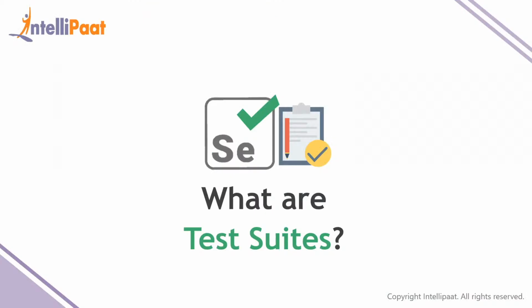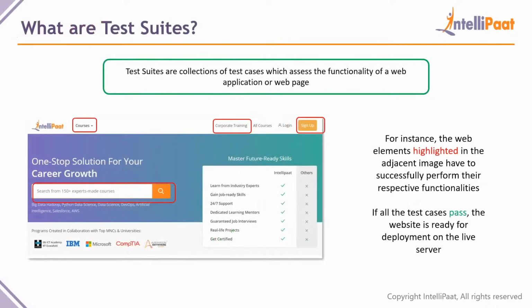So we now know how locators work. Let us look at test suites. We can see that each web page has a lot of functionalities. For instance, the Intellipaat web page has a courses tab, the corporate training tab, all courses, login, sign up, and a search bar.